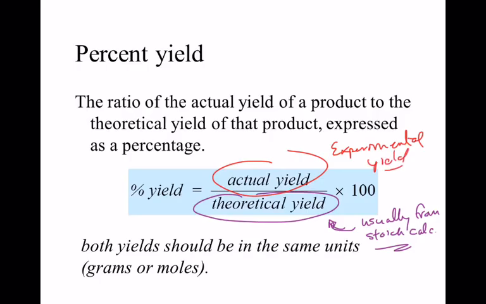And usually your experimental yield is low, for the reasons we just talked about a few slides ago. Usually it's grams you got back divided by grams you thought you should have gotten back, but it could be moles. And to get it into parts per 100, we multiply by 100%.